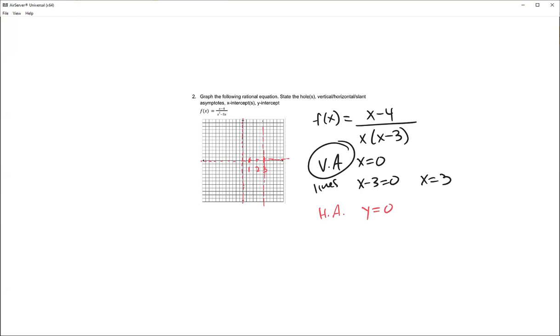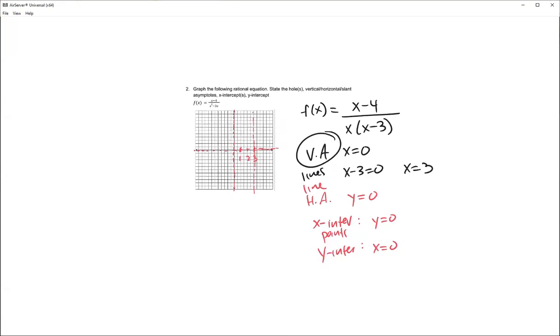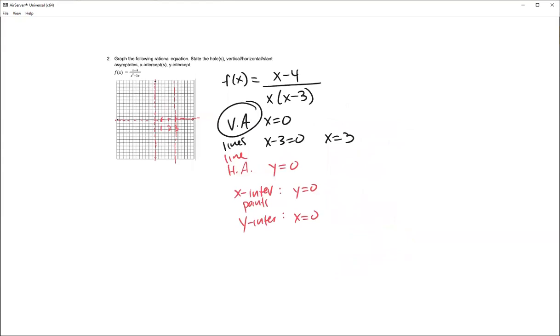Then we want to get the x and y intercepts. The x-intercepts are where y is equal to 0, right? Remember, these are points. And the y-intercept is where x is equal to 0. Let's get the x-intercept first. The x-intercept is where y is equal to 0.